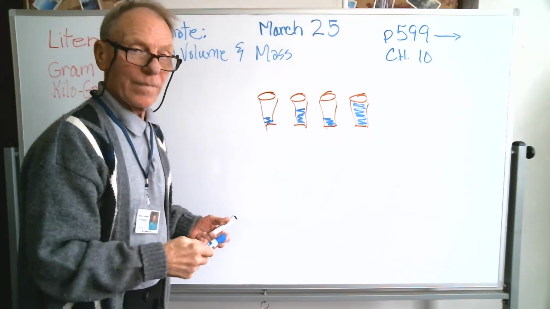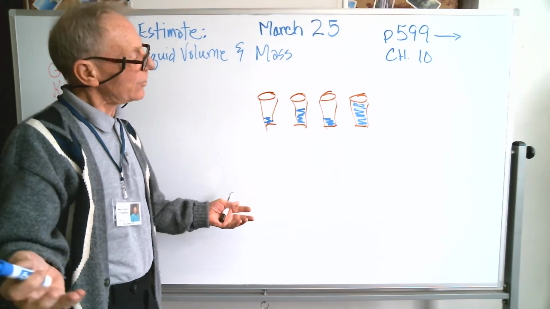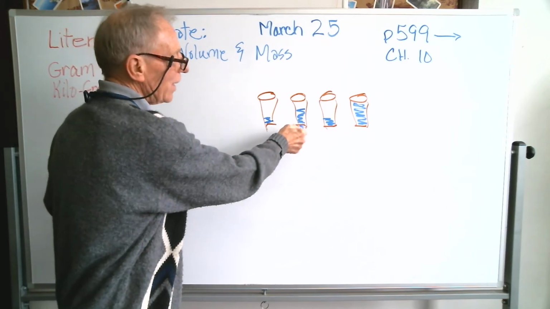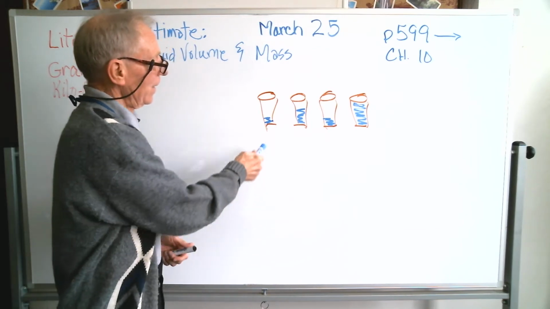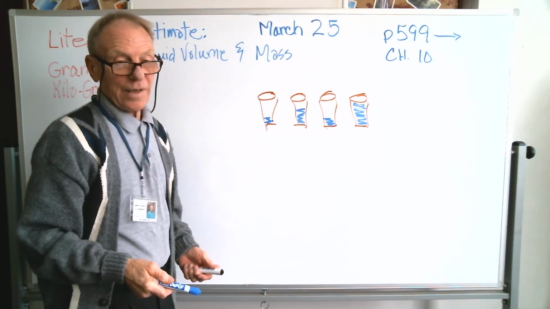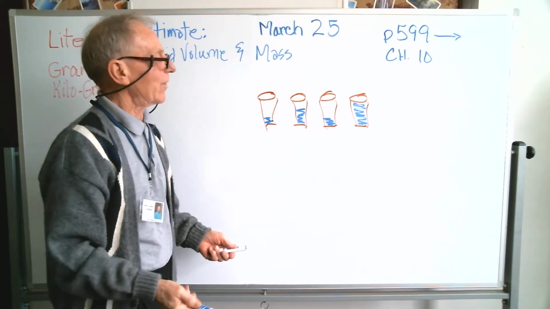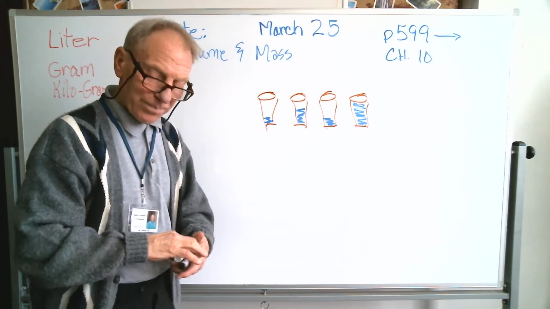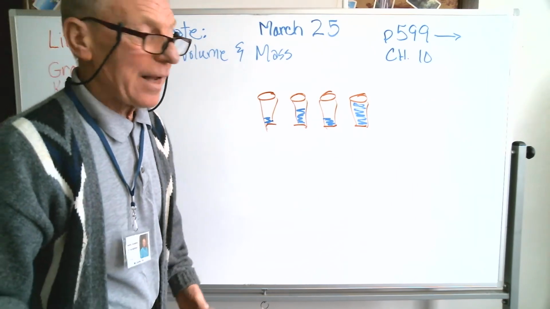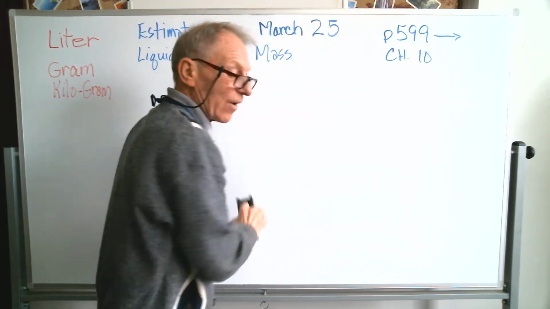Now, that one's obviously full, so that's 1 liter, so that's equivalent. This one here is half full, so that's about a half a liter. This one here is barely full at all, so that's probably about 1/8 of a liter. On the other hand, this one here is about 1/4 of a liter. So you're able to estimate and draw conclusions about the volumes in relationship to a 1 liter container.